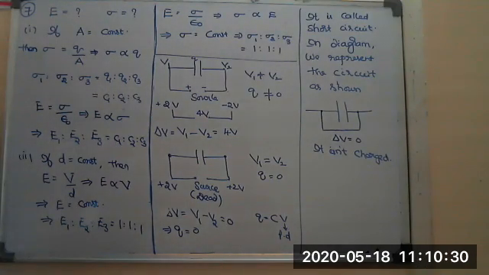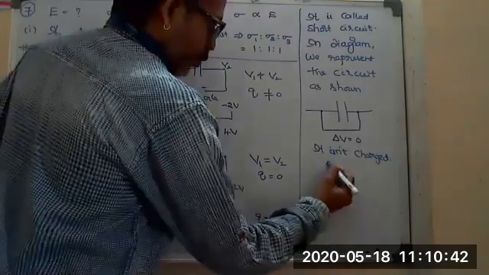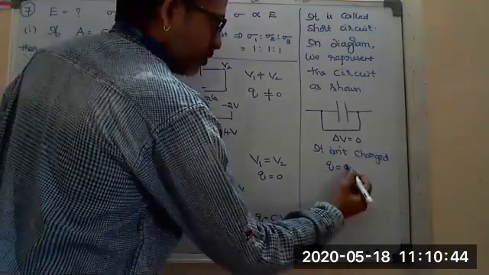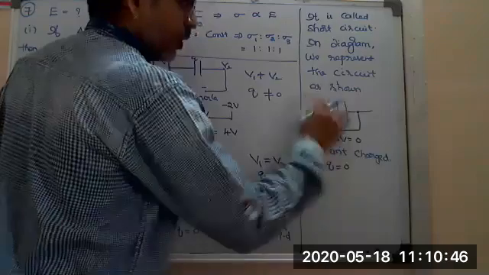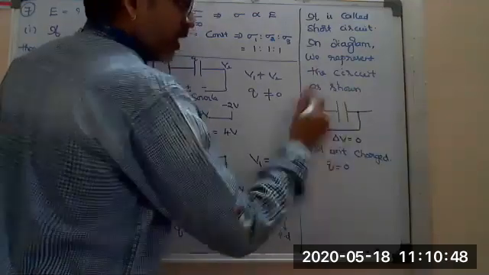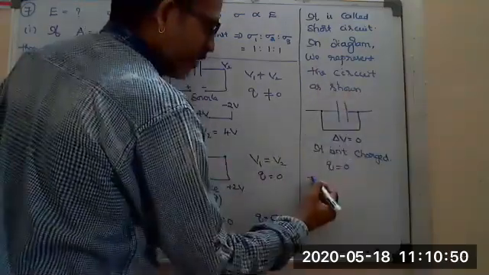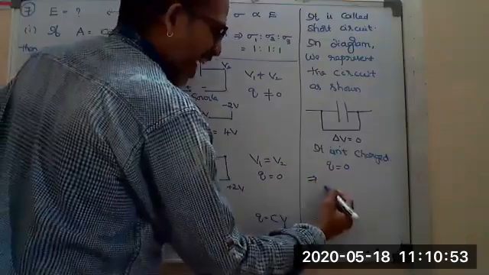Taking an empty glass in a circuit while charging is actually unnecessary. So here, in this case, the Q I can directly say is 0. If there is no charge, there is no use of this capacitor.